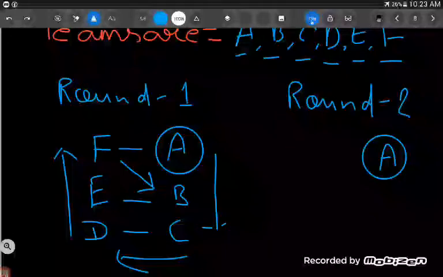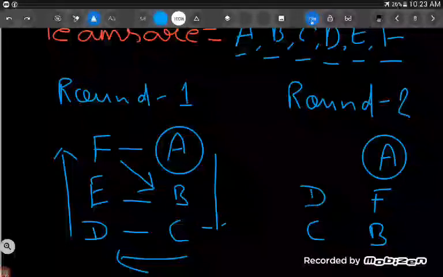At the place of B, team F will come and downward of F is B. Then you will not change the order. The order is the same: C, D and E. This arrow indicates the direction of the clock.